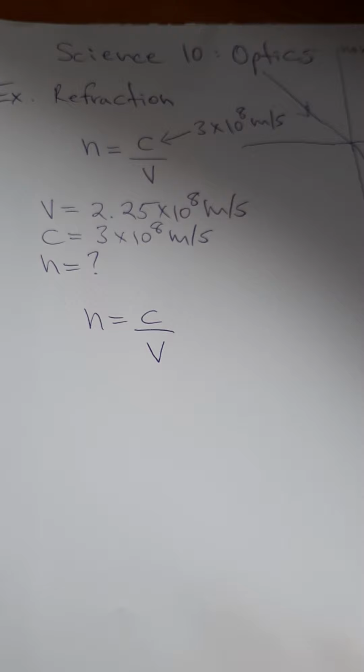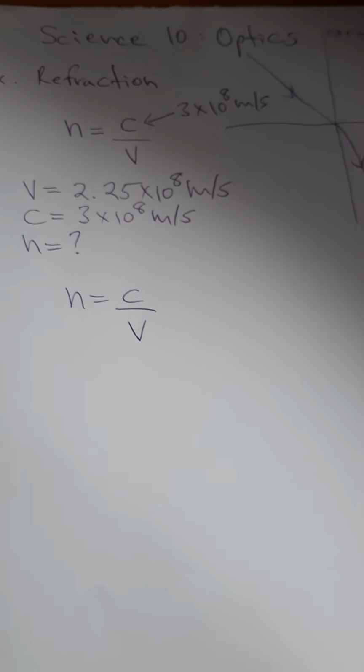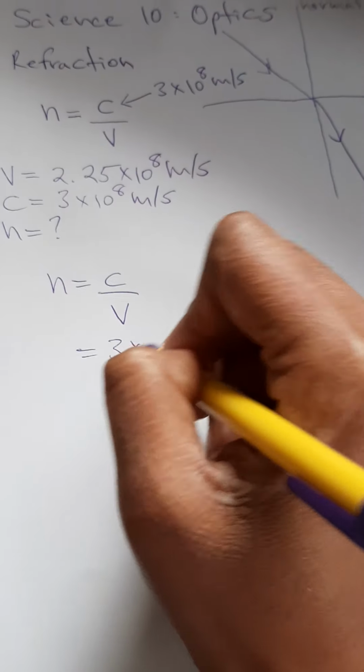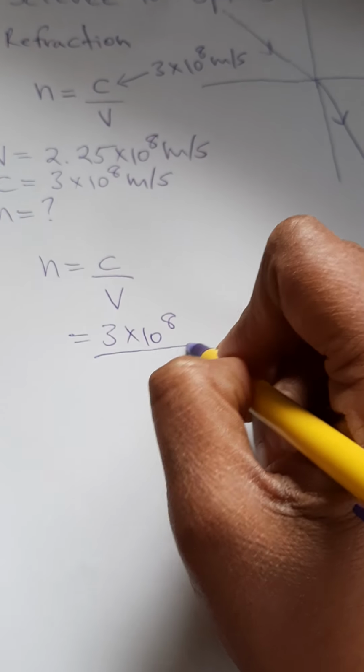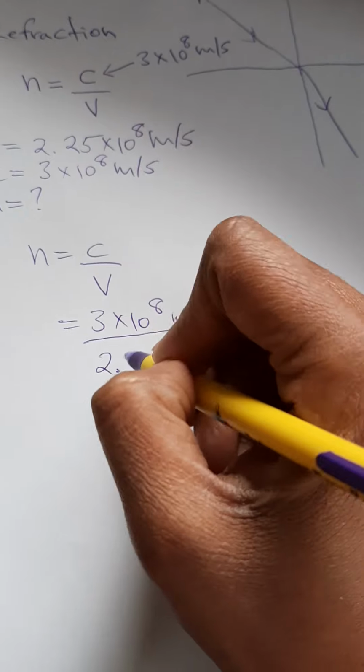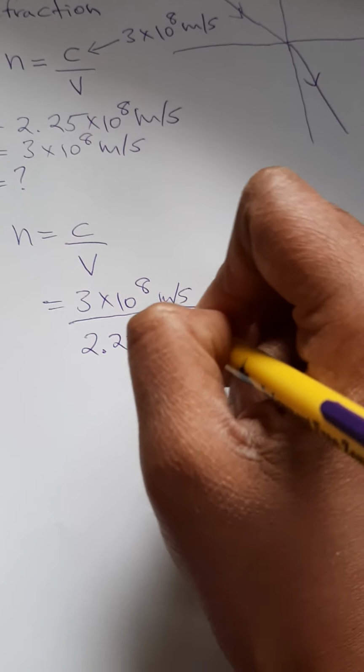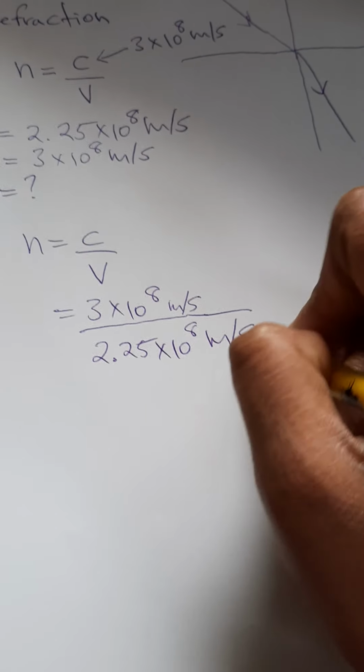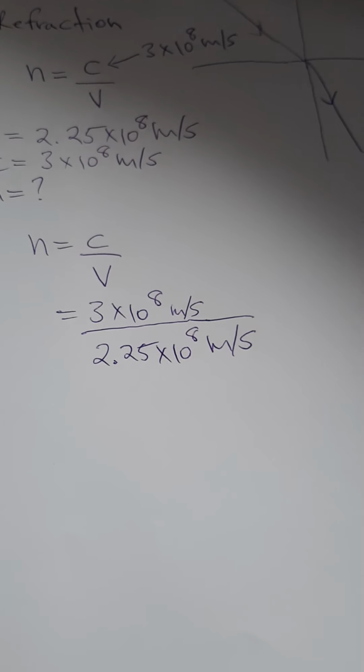Make sure you are always writing out the equation before you plug it in. So 3 times 10 to the 8, and I'll put the units so you can see the units canceling out, divided by 2.25 times 10 to the 8 meters per second.